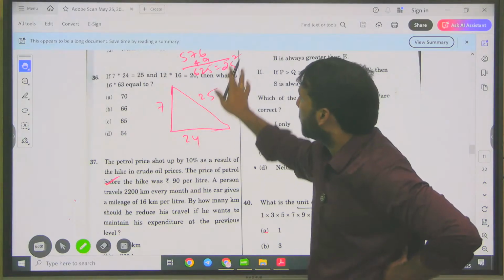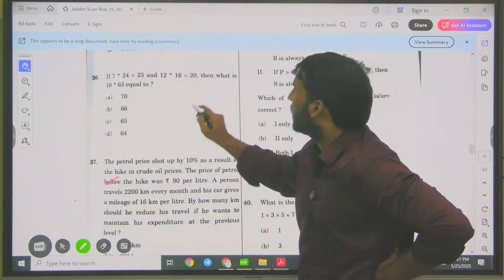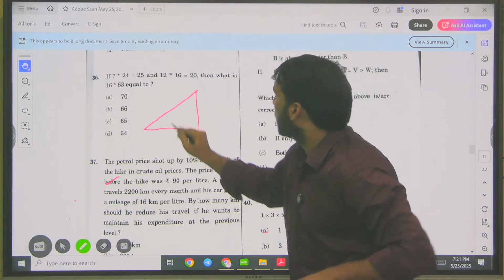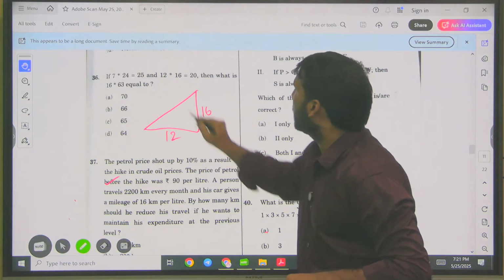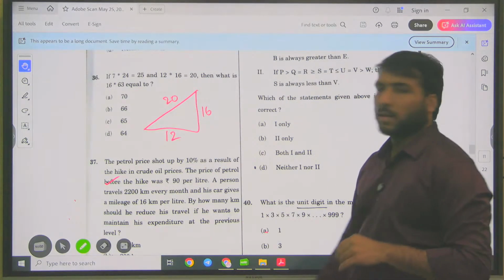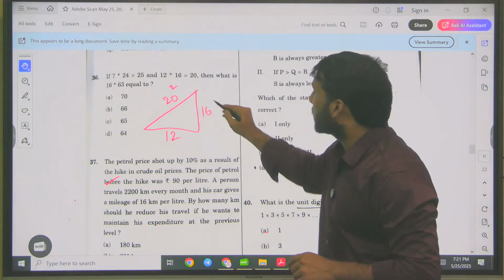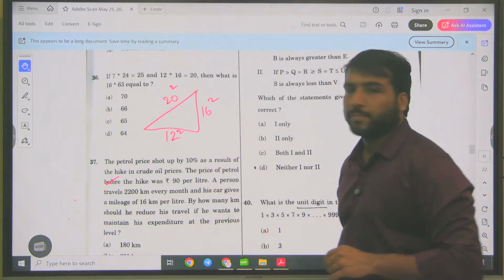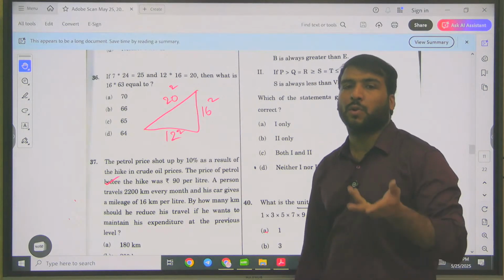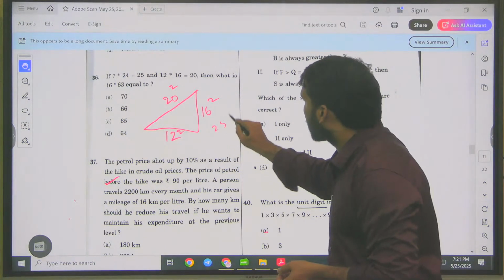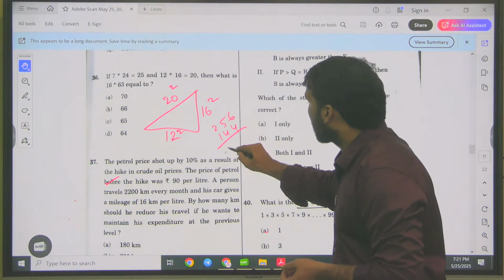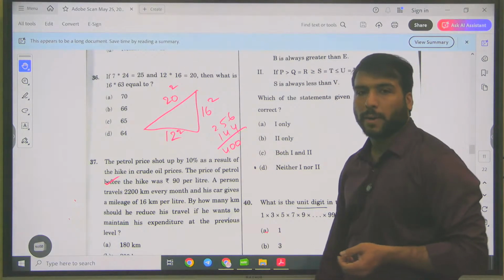Next, same thing will get repeated. 12, 16, 20. So 20 square, 16 square, 12 square. 144 plus 256 is equal to 400. Okay.